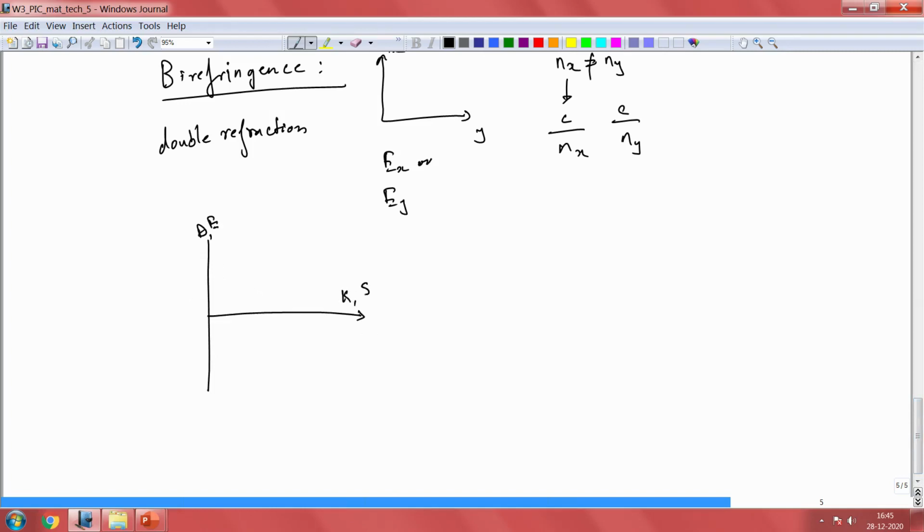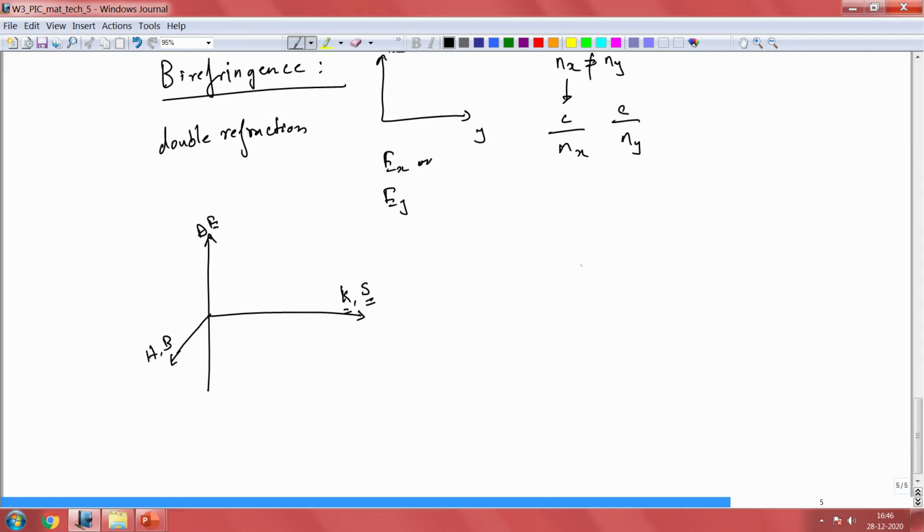So, the pointing vector S is here, and then the perpendicular is H and B. So, this is the ordinary configuration. So, why do we call it ordinary? The propagation direction is where the wave is propagating through. So, K is the propagation here, S is the pointing vector, where the energy is going.